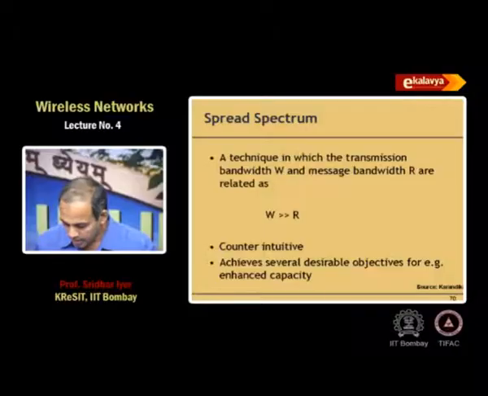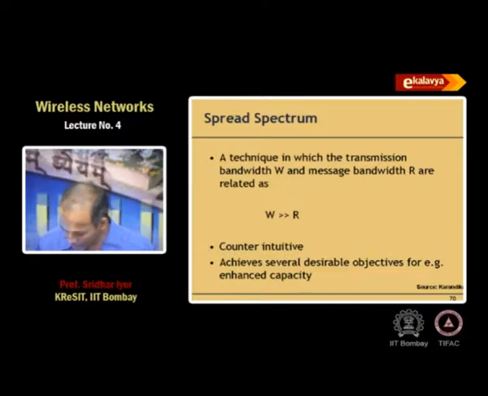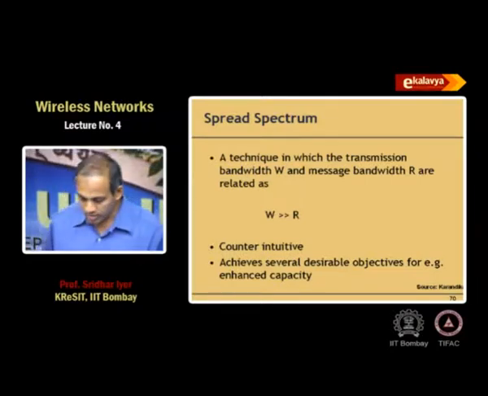Whereas in CDMA, what we are saying is counterintuitive: instead of trying to pack the message into as small a bandwidth as possible, spread it out over as large a spectrum as is available. It turns out that it achieves several desired objectives: enhanced capacity, interference tolerance, and so on.